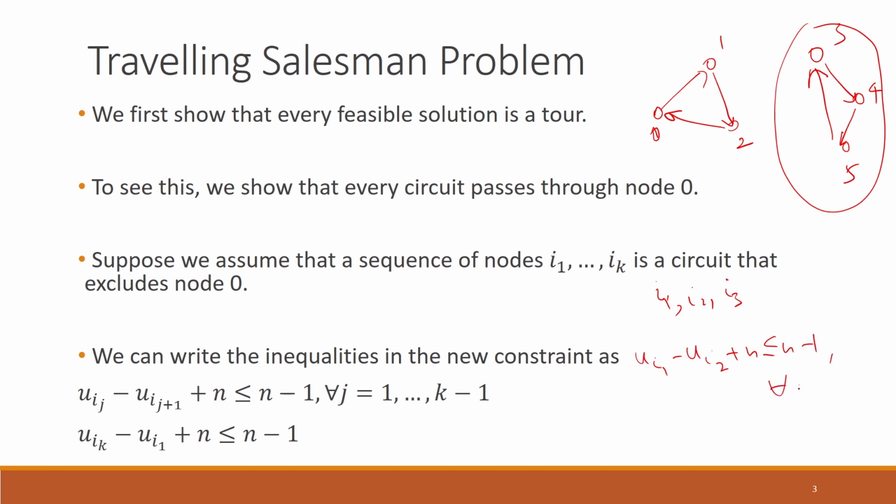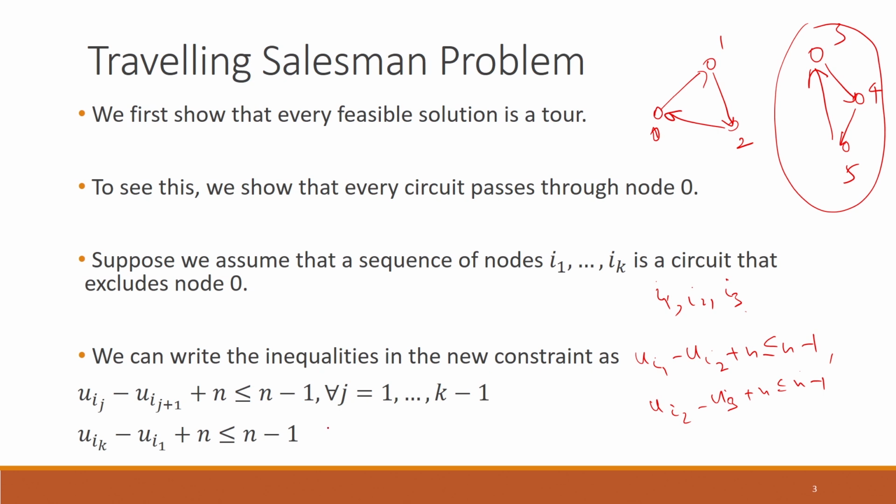For all j, here this one is the first equation that we will be getting. Then we will be getting u_I2 minus u_I3 plus n less than or equal to n minus 1. But as we go from node I3 to I1, we cannot write it in this way, u_Ij minus u_Ij+1, because in that case the first node has a lesser value than the other one.